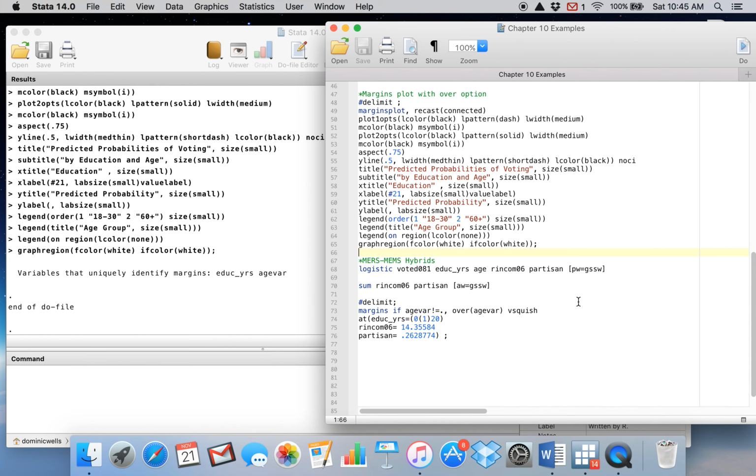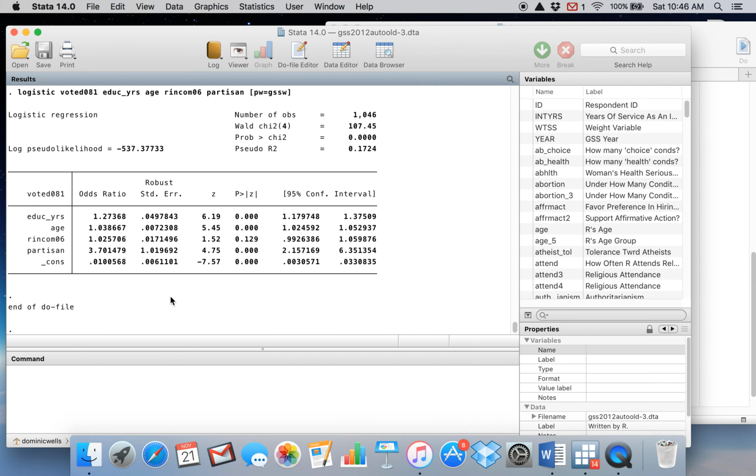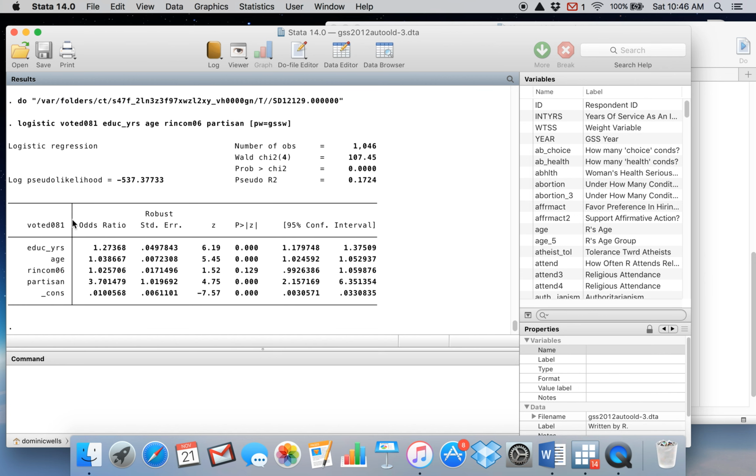So let's go ahead and run this then. Now, in this model, we've decided to take into consideration not just education and age, like we did before, but also income.